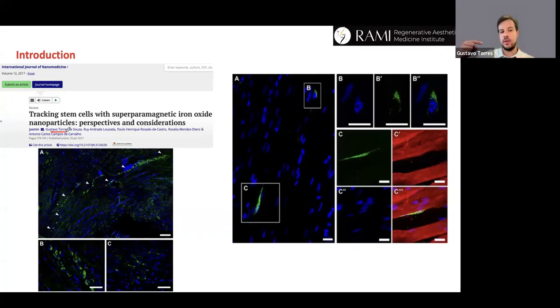These stem cells had been marked with superparamagnetic iron oxide nanoparticles, which are essentially the green things you see on our screen. What happens here? In the first image, we had a 12-hour heart tissue being collected.